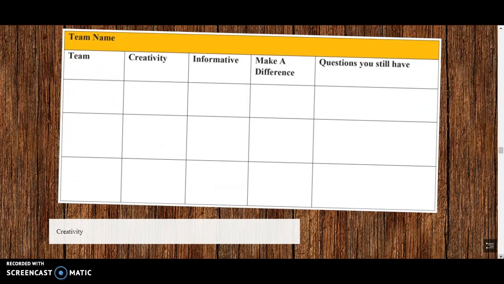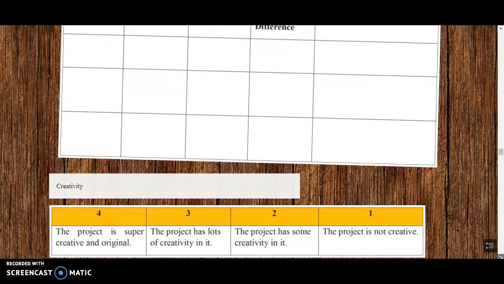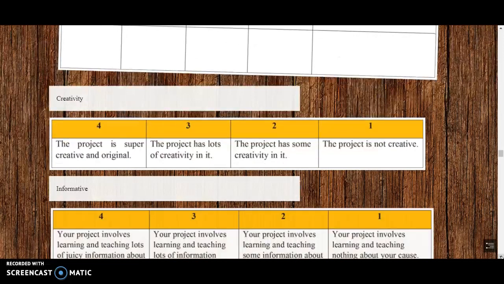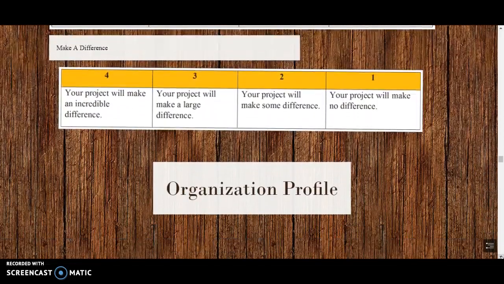This guide explains, or kind of puts into context, the creativity, how informative it was, and the difference it made, how it made a difference in their community, which was a good way for students to assess what their project in the different organization that they chose, how was it benefiting their community.